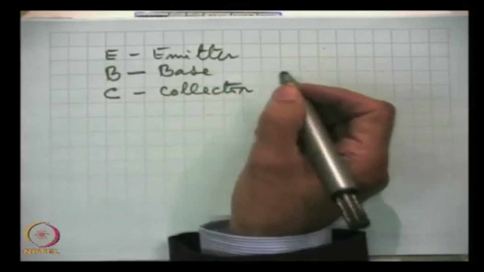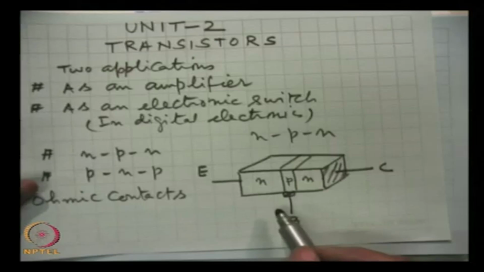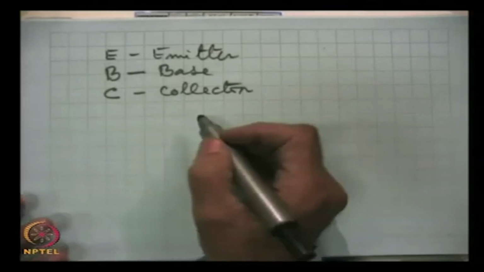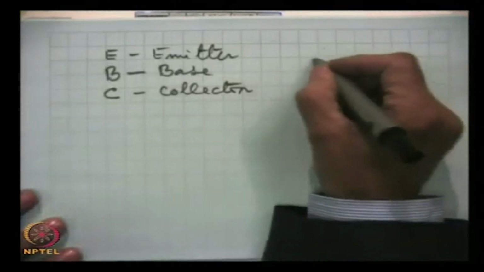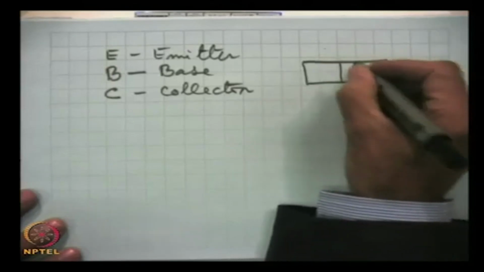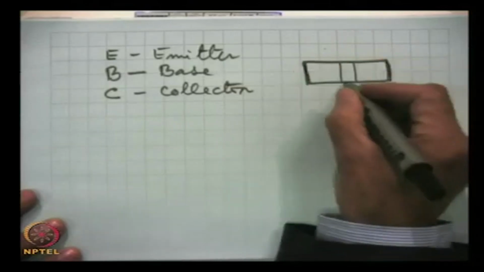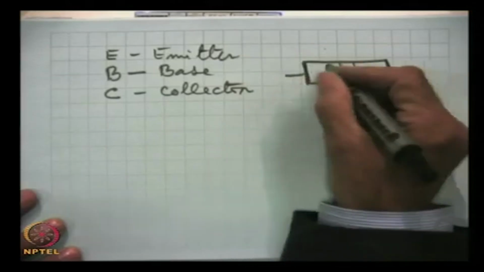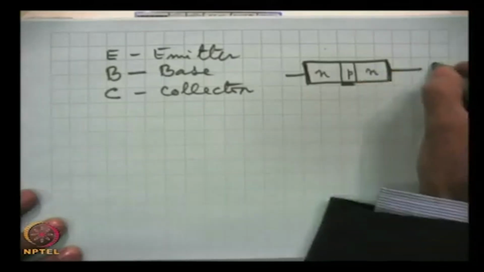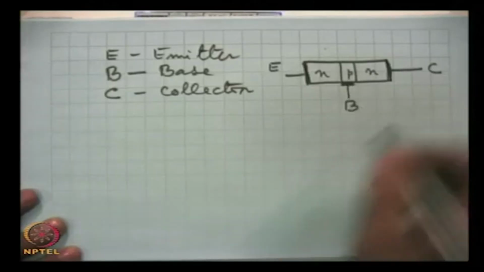But instead of drawing these three dimensional figures, to make life simpler, we normally draw a two dimensional figure. So, for an NPN transistor, this will be this. These are ohmic contacts, this is N, P, N, this is collector, this is emitter and this is base.